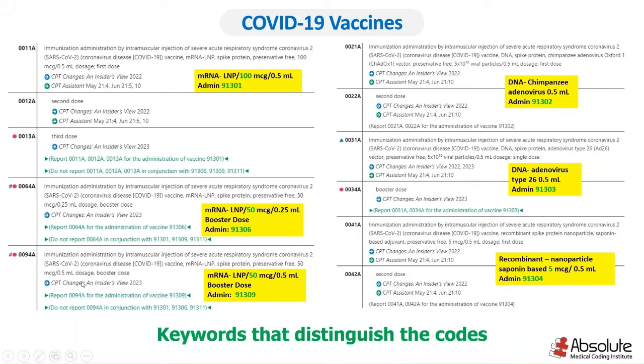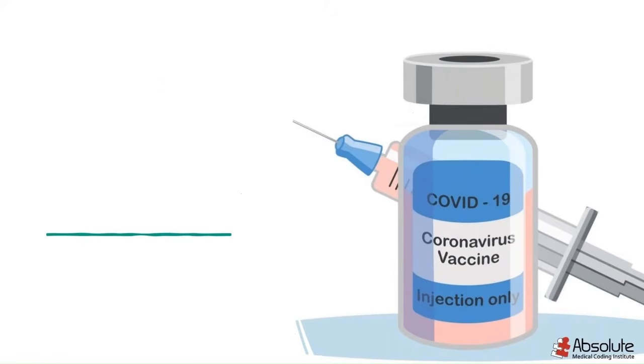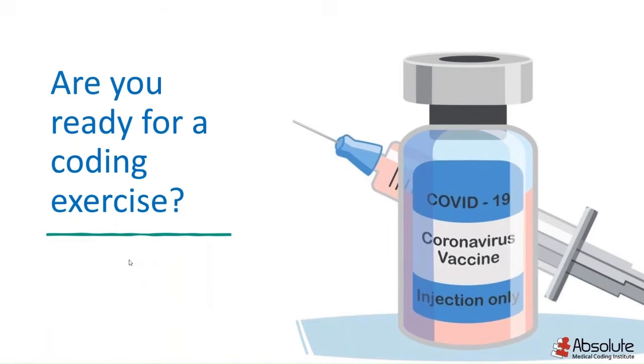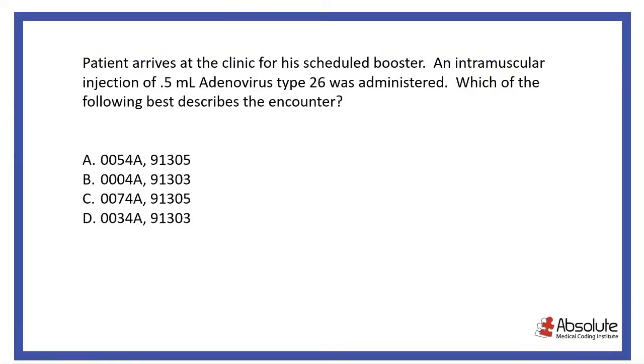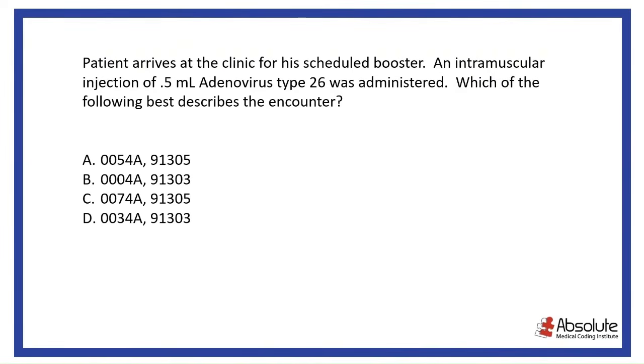Are you ready for another challenge based on COVID vaccines? Here you go. And you can see how easily we can pick the correct code if you have chunked that section. This is your question. Which of the following best describes the encounter? Option A, 0054A, 91305. Option B, 0004A, 91303.